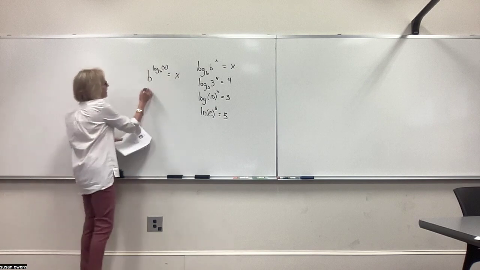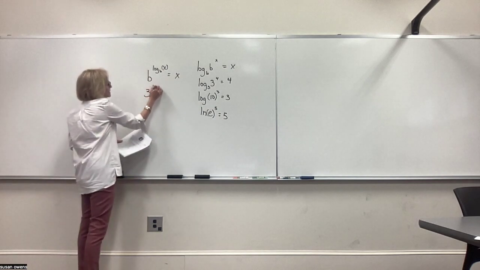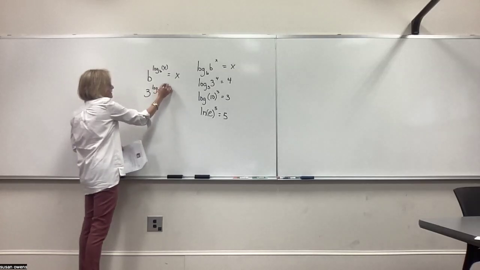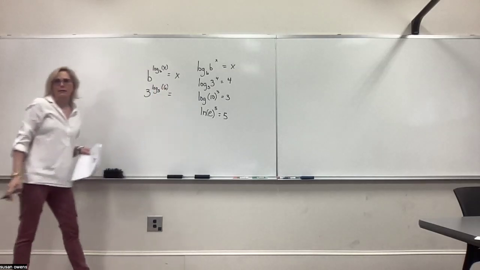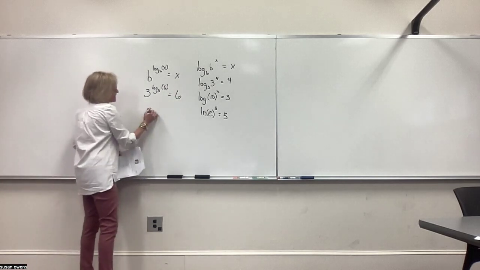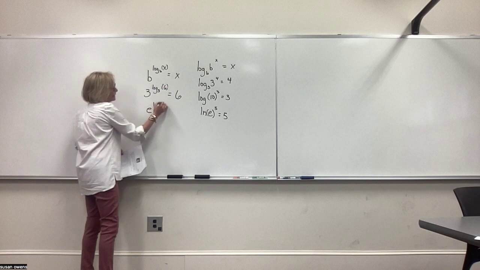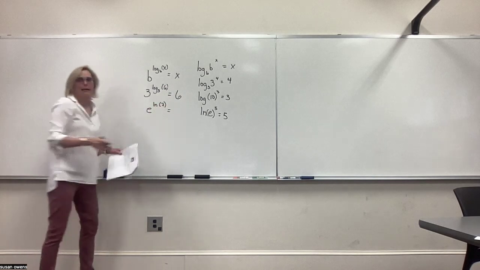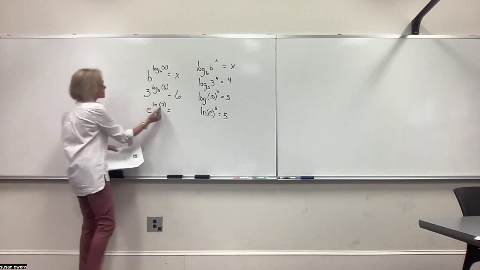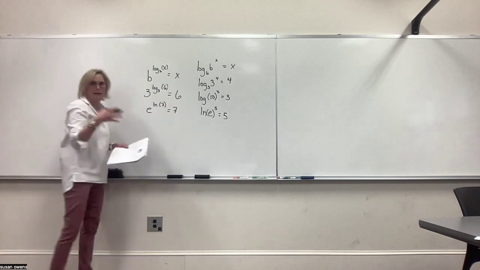So if I have 3 to the log base 3 of 6, the answer is 6. If I have e to the ln of 7, the answer is 7, because this is just log base e. Okay, good?